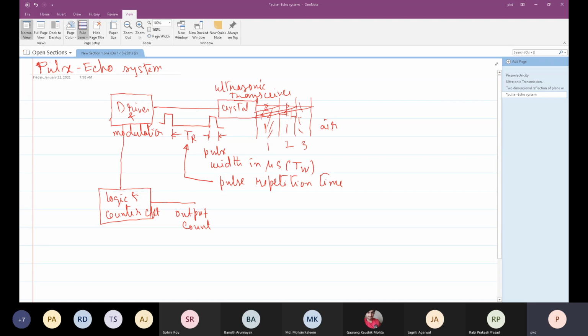And from that, the output count can be given to a recorder or display. Now, typically, TR is kept much larger than TW, depending on the thickness of these three materials or the measurement distance. So TR is determined.